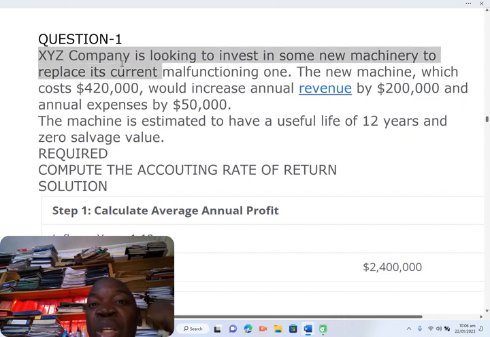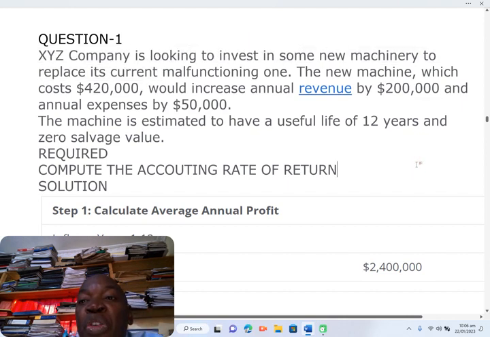XY company is looking to invest in a new machine to replace its current manufacturing one. The new machine, which costs $420, would increase annual revenue by $200, and the annual expenses are expected to be $50.